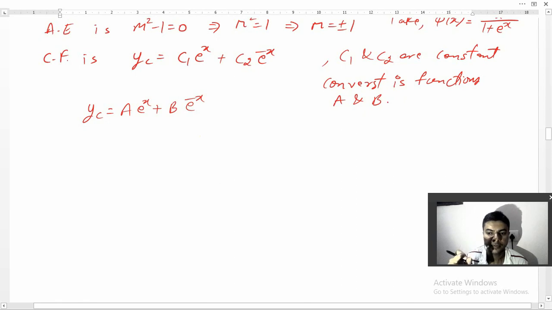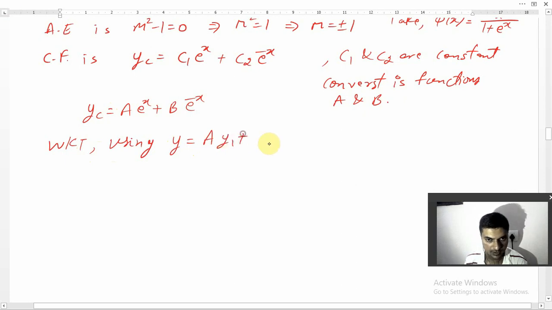Yes students, go through the steps. You can see the solution for this type of equation. We know, using the previous solution, that y is equal to a y1 plus b y2 was the solution.